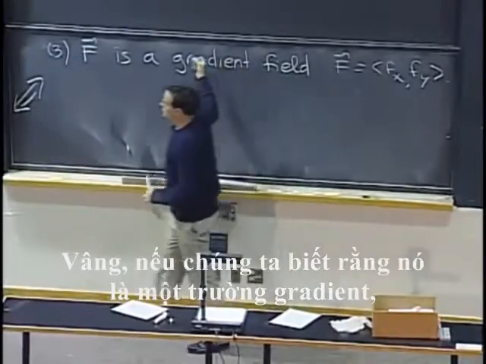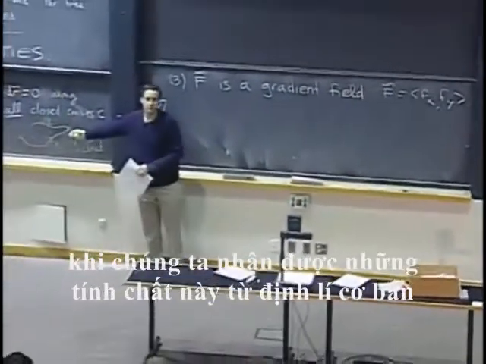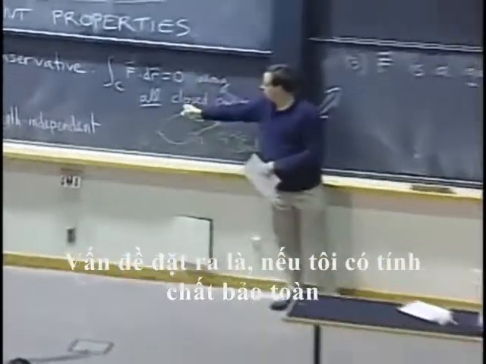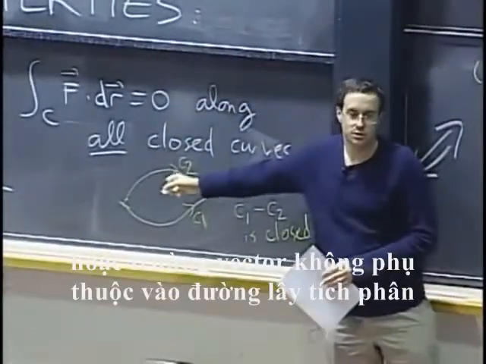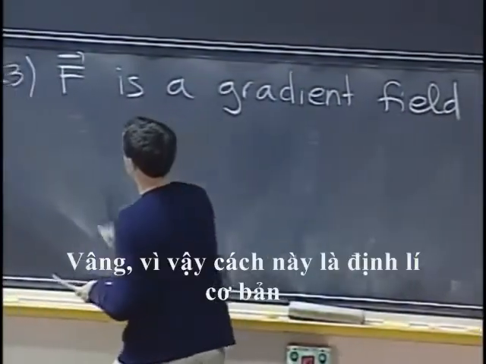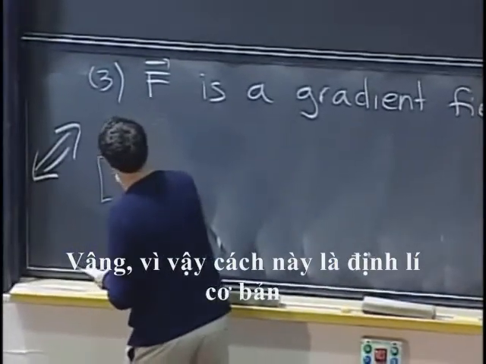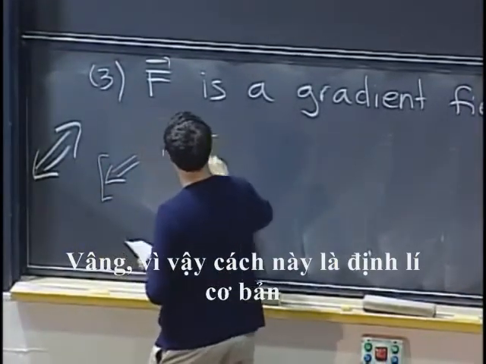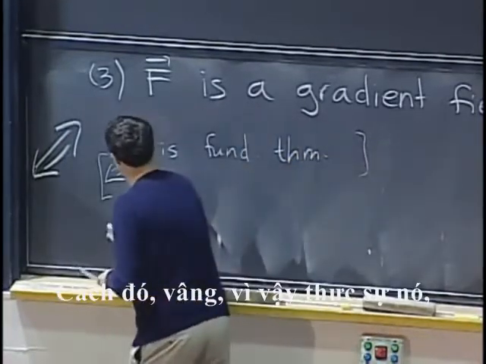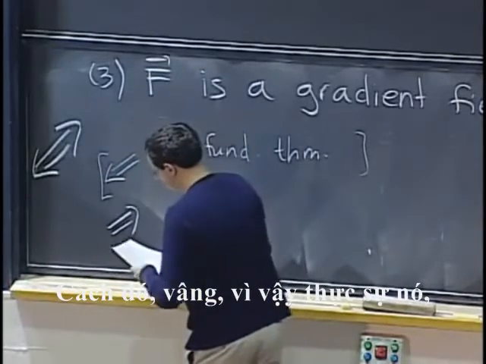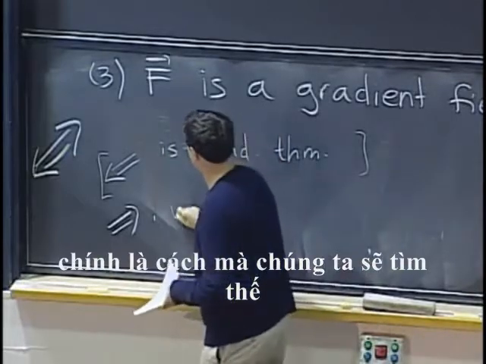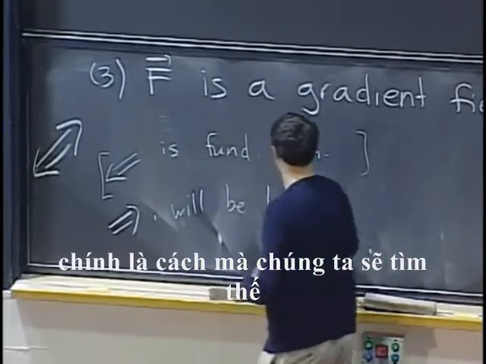Well, if we know that it's a gradient field, then we've seen that we get these properties out of the fundamental theorem. Question is, if I have a conservative or path-independent vector field, why is it the gradient of something? Okay, so this way is the fundamental theorem. That way, well, so that actually, let me just say, that will be how we find the potential.